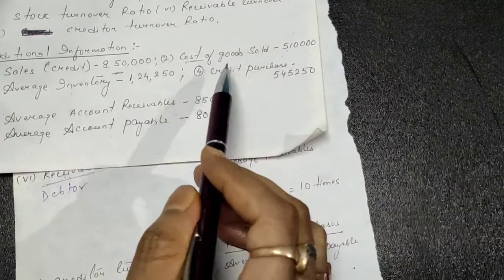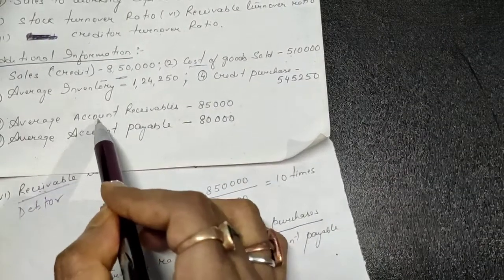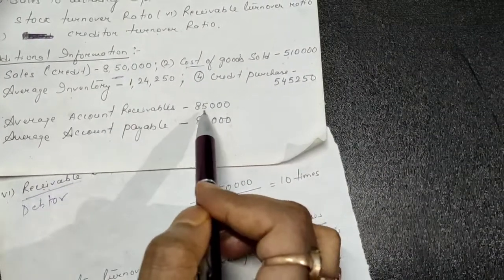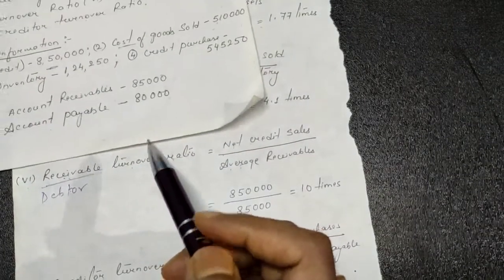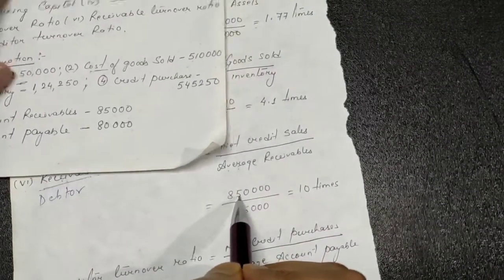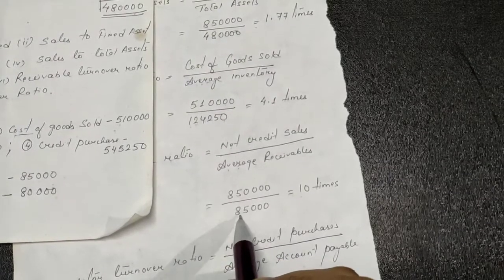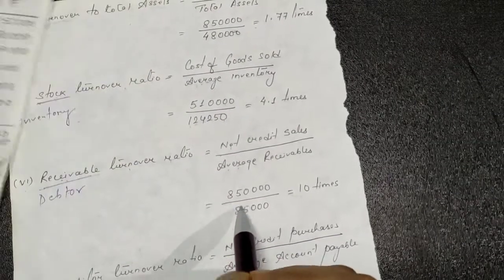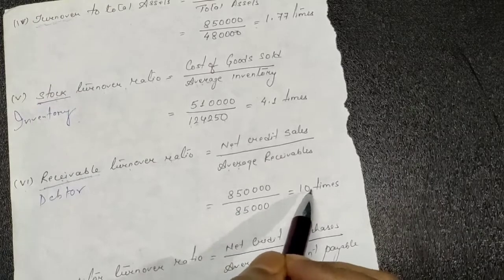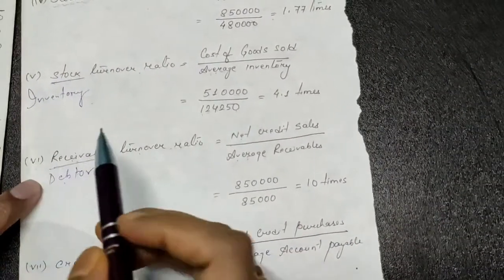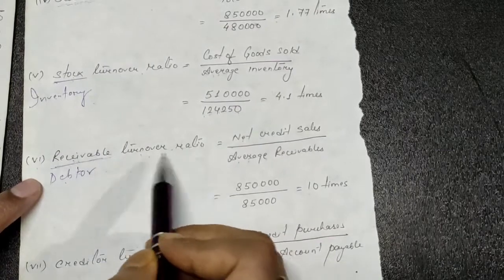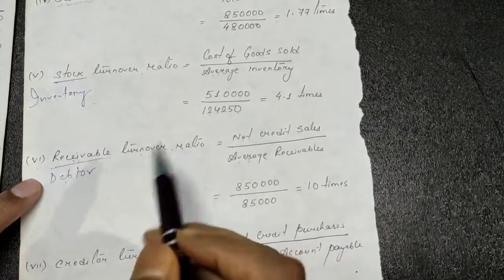You see here, average account receivable is given here, how much? 85,000. So both the details are mentioned in the question, so we can put the value directly. So that's what I have done here, 8,50,000 divided by 85,000. By dividing this, how much I got here? 10 times. So in that way I have done debtor turnover ratio, which can also be called receivable turnover ratio. Let's move on to the last formula.